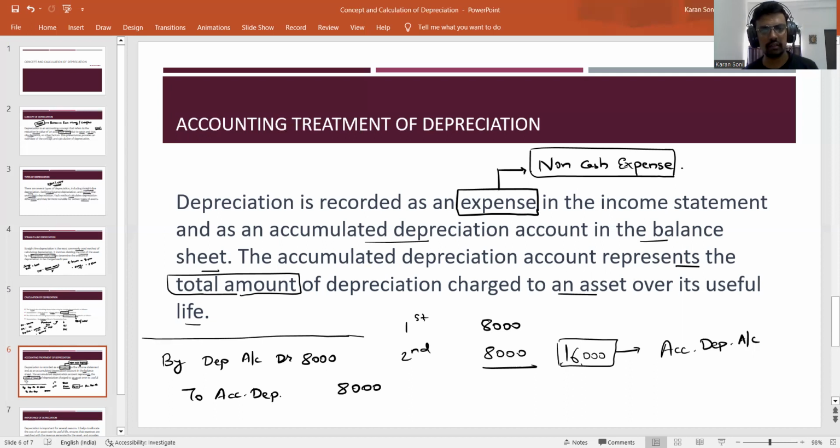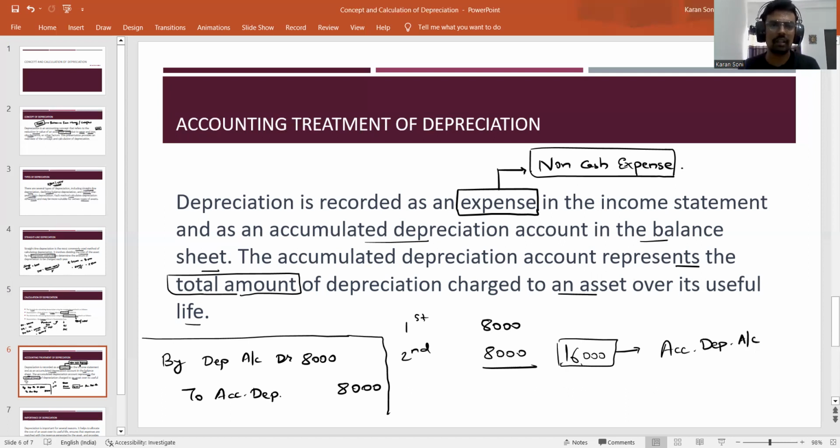This is very easy. Sir, tell me one thing. Tell me why you debited depreciation account. I don't understand. Is someone of you asking this question? See, we have already understood that depreciation is an expense because we are using that asset in our business, right?